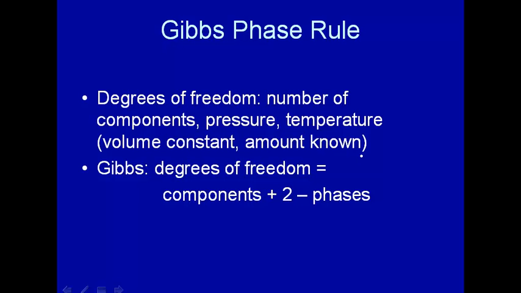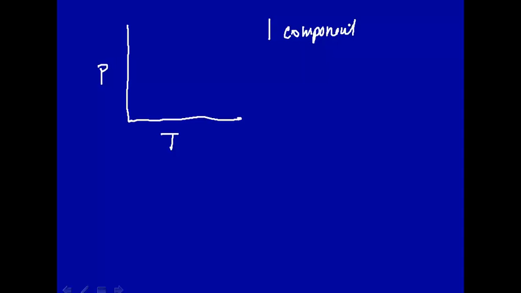Okay, so let's figure out how Gibbs got this relation. The degrees of freedom is components plus 2 minus phases. All right, just to refresh our memory, suppose we have a pressure temperature diagram and we have one component, and we say we just need one phase.